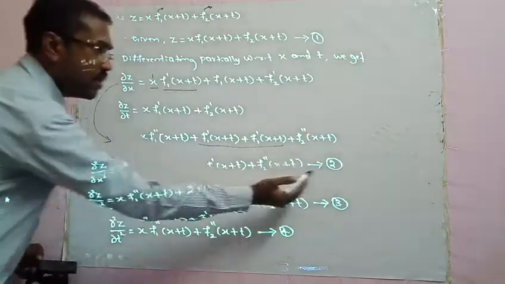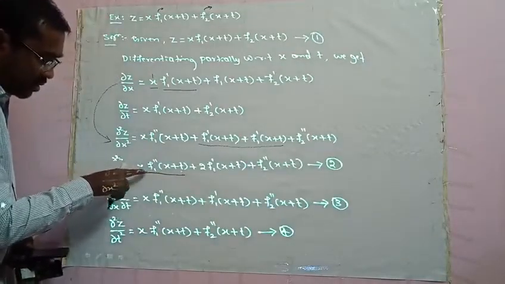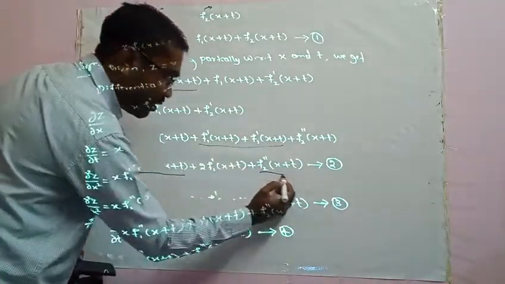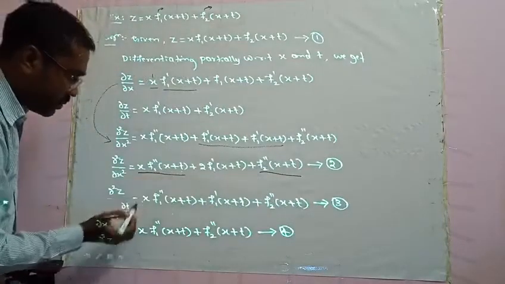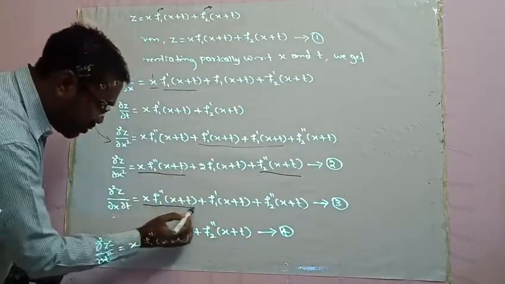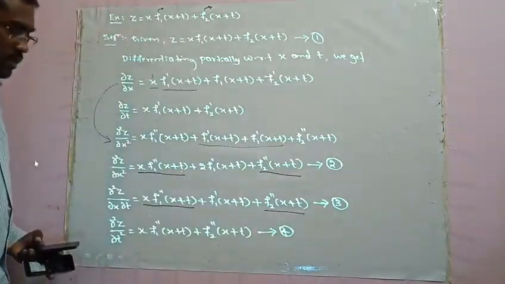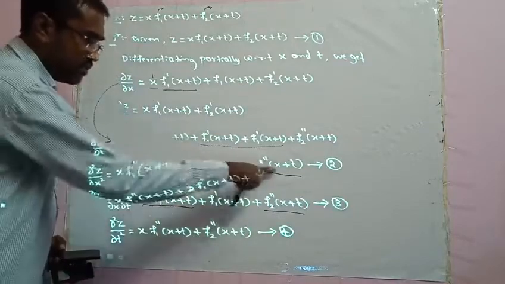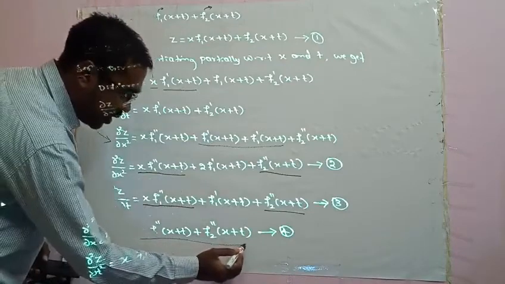Here in equation 2 you can see the term x f1 double dash of x plus t and f2 double dash of x plus t. The same two terms you can see in this equation also, here and here. So the summation of these two terms is nothing but your equation number 4.